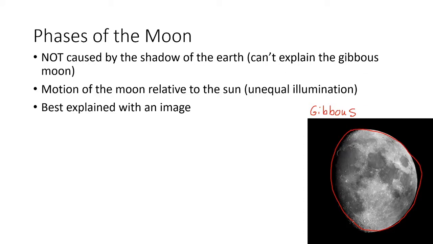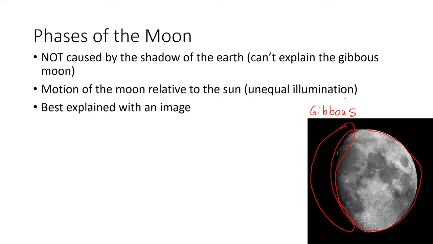There's no way the shadow of the Earth could cause that kind of shape, because, see, the rest of the moon is here, but in order for that to work, the Earth would have to be shaped like a crescent or a banana. So the real reason we get phases of the moon is the motion of the moon relative to the sun.